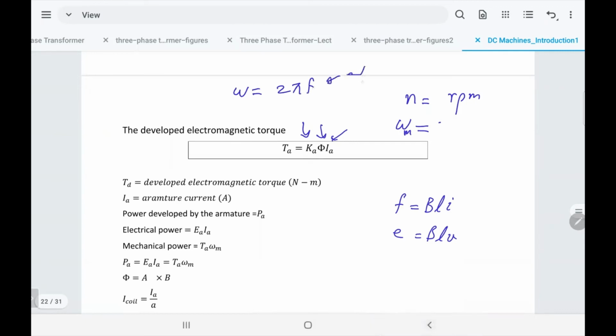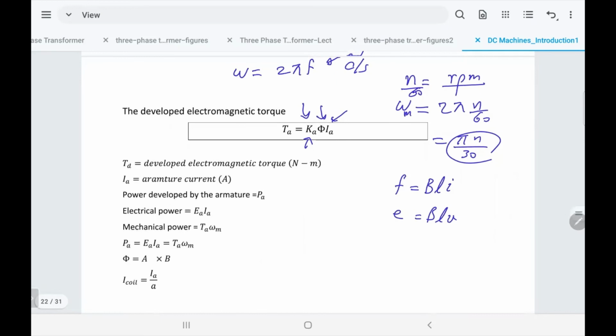Now you have N revolutions per minute, so in seconds you divide by 60. So you have 2 pi N over 60, which is equal to pi N over 30. So to find the angular velocity omega of any machine, just multiply pi times N over 30. It gives you radians per second. In this way, the constant of the machine Ka is the same for both.